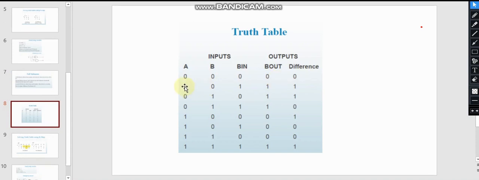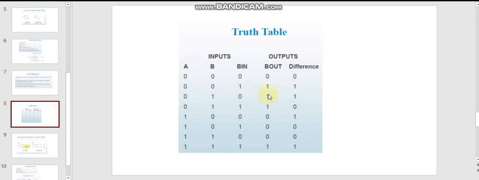Next, the input A is equal to 0, B is equal to 0 and B in is equal to 1. When I take the difference of A minus B, the difference would be 0. When I subtract 1 from 0, I need to take a borrow in this case.